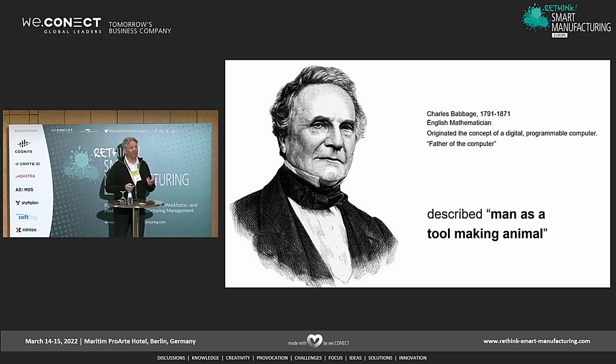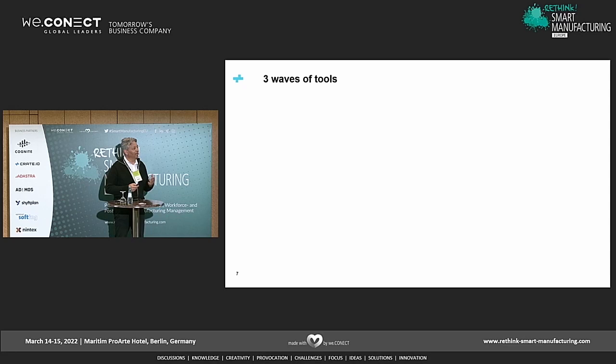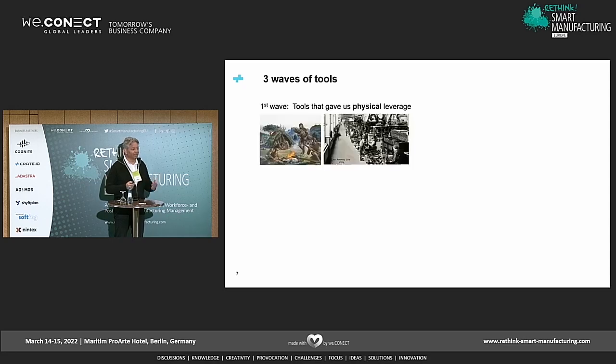And there are 3 waves of tools that we have built since we exist. The first one, obviously, were tools that gave us physical leverage. It started maybe with an axe, but all this industrialization and the machines gave us physical leverage.